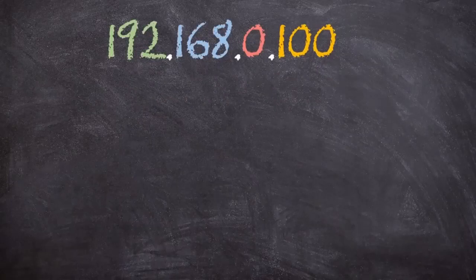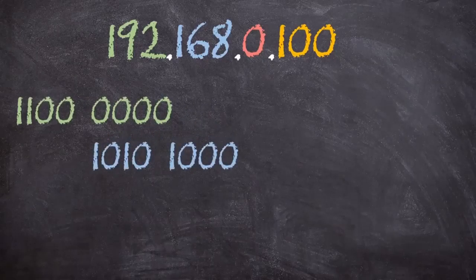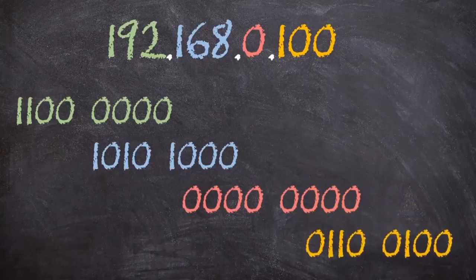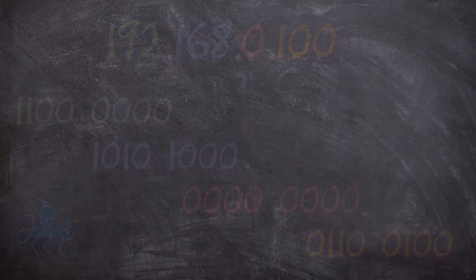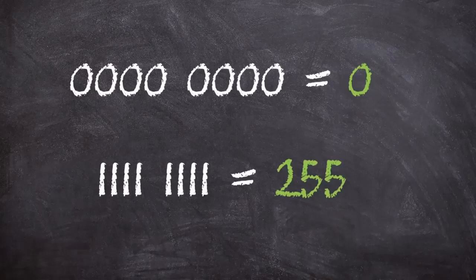Each of these numbers is called an octet. As each number is an 8-bit value, we break it into 4 separate octets to make it easier for us humans. If you are having trouble remembering what an octet is, think of an octopus. An octopus has 8 tentacles and an octet has 8 bits. 8-bit means that these numbers can range from 0 to 255.